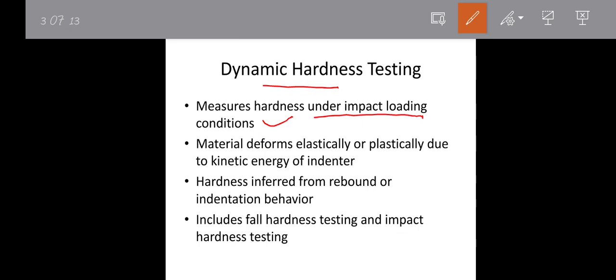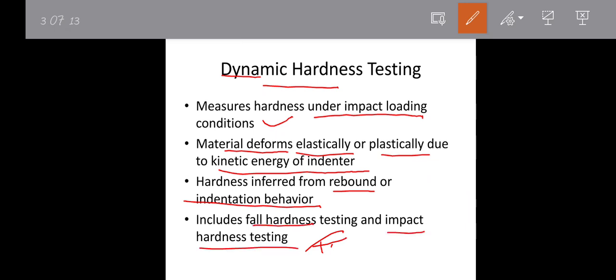That means the material deforms elastically and plastically due to the kinetic energy of the indenter. The hardness inferred from rebound or indentation behavior is known as the dynamic hardness test. The dynamic hardness test can be classified into two types: the fall hardness test and the impact hardness test.